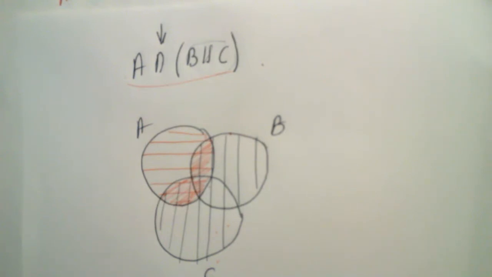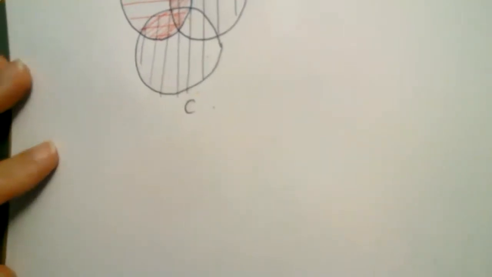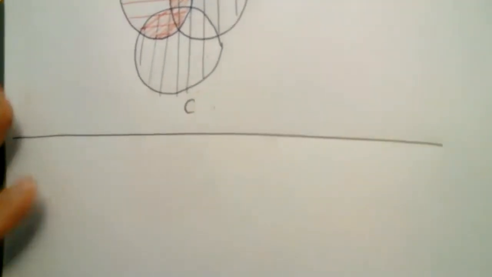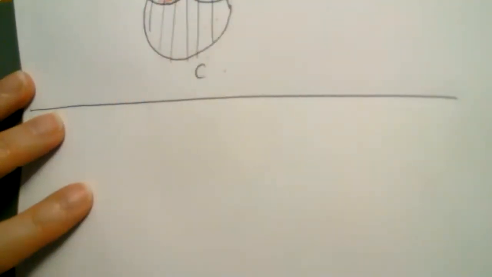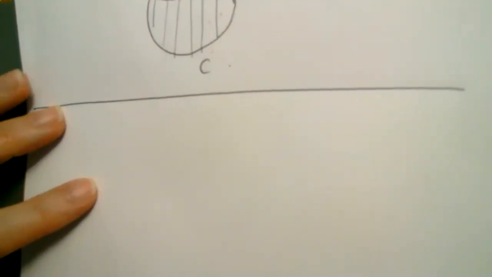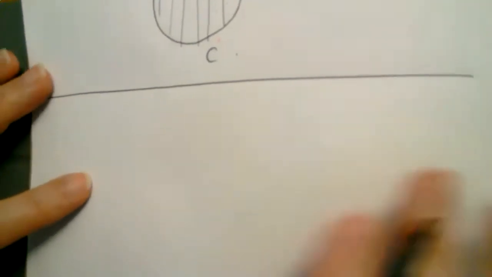Okay. Now I want you to do that. I'm going to give you a small exercise and you do it and I'll do it and see if we're getting it correct. So here's the question. I want you to use the Venn diagram to decide if this equality is true or false.